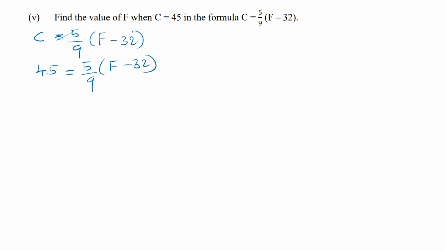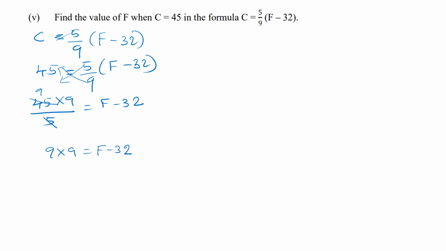So we can do some cross multiplication. Then 45 into 9, we can take 9 here and take 5 here, by 5 is equal to f minus 32. Then you can cancel out this 5 and 45, that means 9. There are 9 5s in 45. I'll show you like this. That means 9 into 9 is equal to f minus 32.